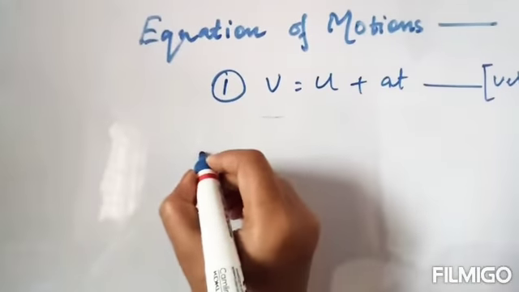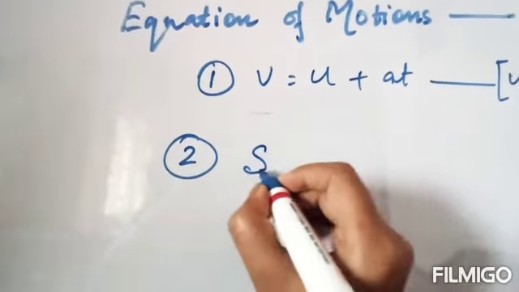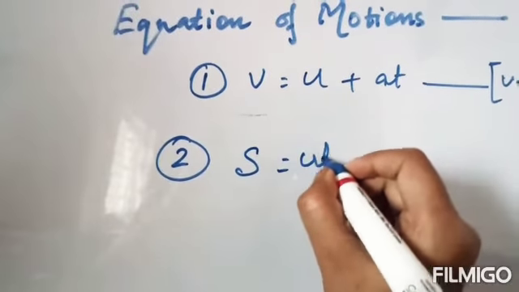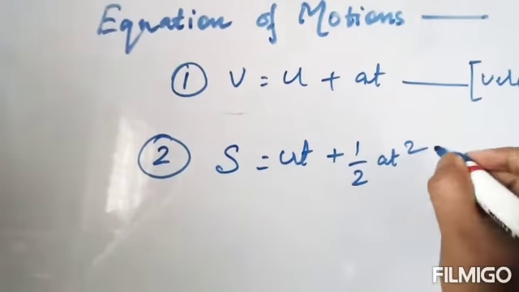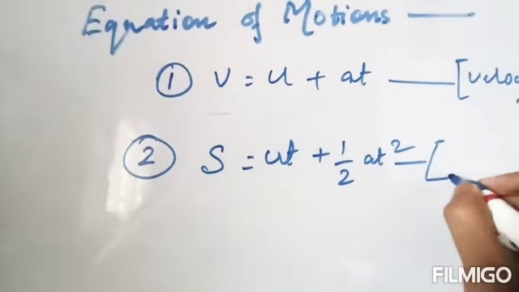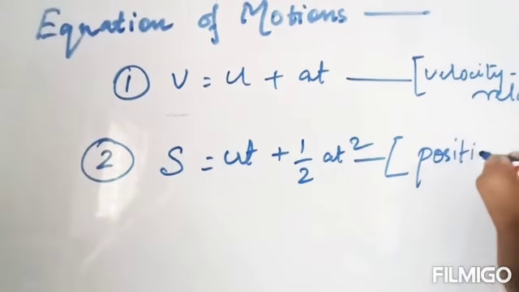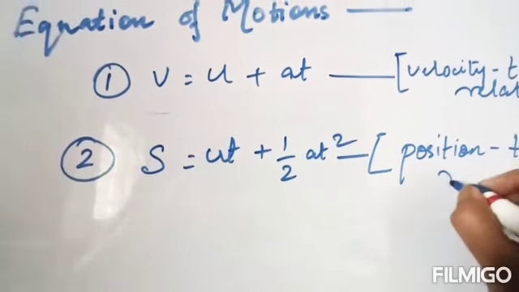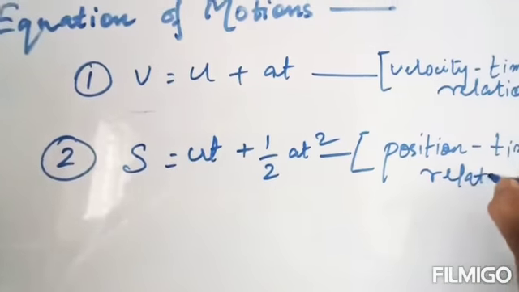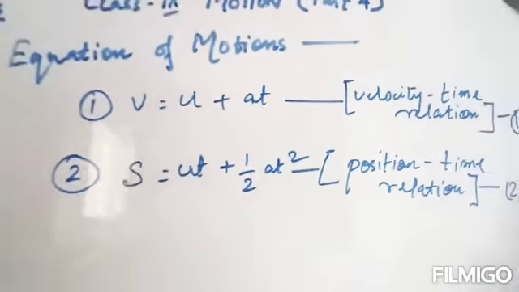Now the second one. s = ut + (1/2)at². This is known as the position time relation, and this is our equation 2.